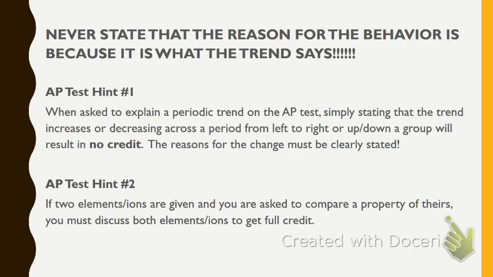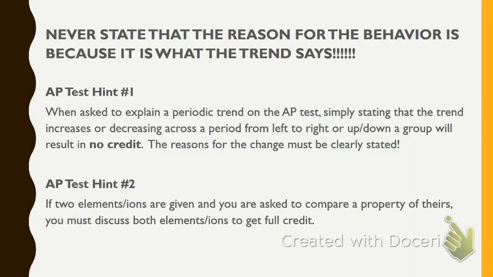Here are some hints when you are answering these questions. First is to state that that's the trend, and then that's no points. Don't do it. Second point, and this is on anything, not just periodic trends: if they ask you about two things and ask you to compare or ask you why, like boiling point or anything, you must discuss both things.